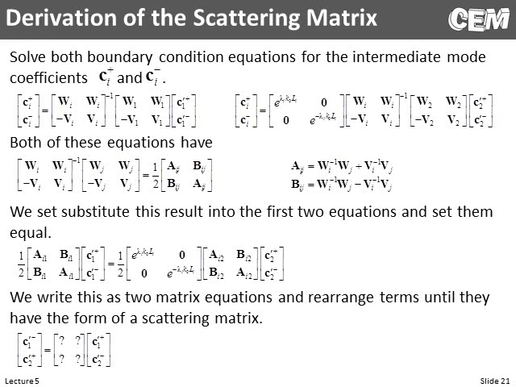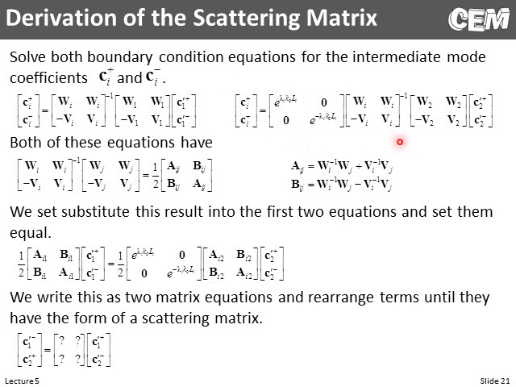So now that we know how our scattering matrix is defined, we can go back to the slide before that where we had two equations that enforce the boundary conditions at our two different layers. We're going to take those two equations that we derived, and we're going to solve both of them for the mode coefficients inside the layer, C sub i. So this was the boundary condition equation for the first layer, but we solved it for the mode coefficients within the ith layer.